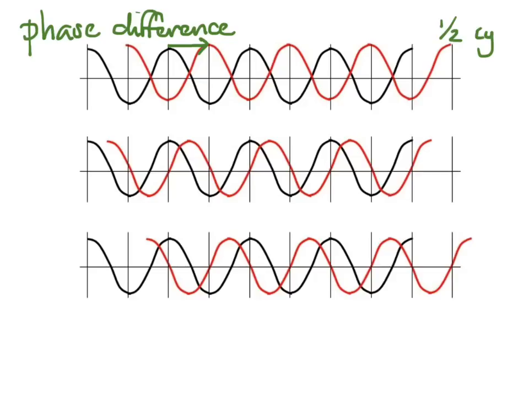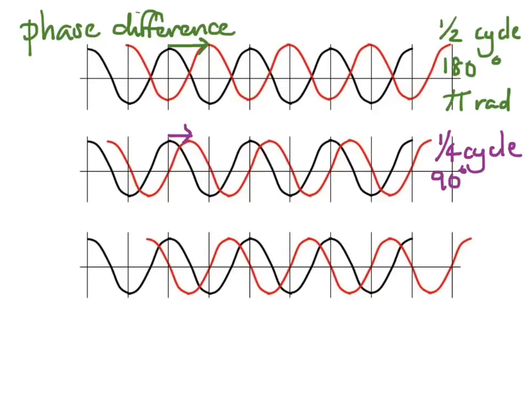So in the top diagram, the red one has shifted by half a cycle. You could also say it's shifted by 180 degrees, which is also half a cycle. And you could also say it's shifted by pi radians, again, half a cycle. In the middle diagram, it's not shifted so much. It's only shifted by a quarter of a cycle.